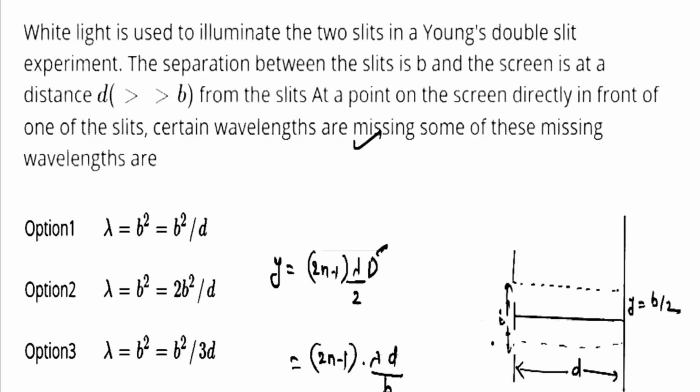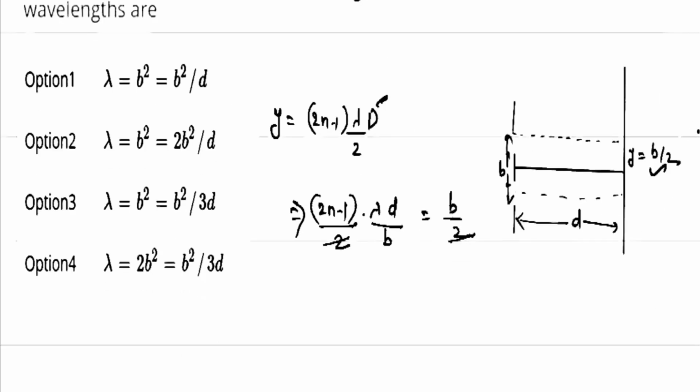Here the distance is b, and y is given as b by 2. So we put b by 2, and here this is 2. The 2 and 2 cancel out, and so lambda is equal to, by cross multiplication, b square divided by (2n minus 1) into d.